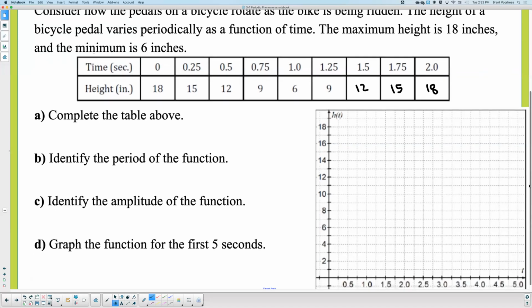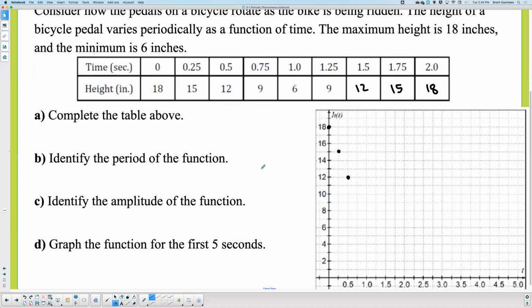So now let's plot this. The first point, this is the t-axis. The x-axis is actually the t-axis here, is 0, 18. So go to 0, 18, plot a point. And then 0.25, 15. 0.5, 12.